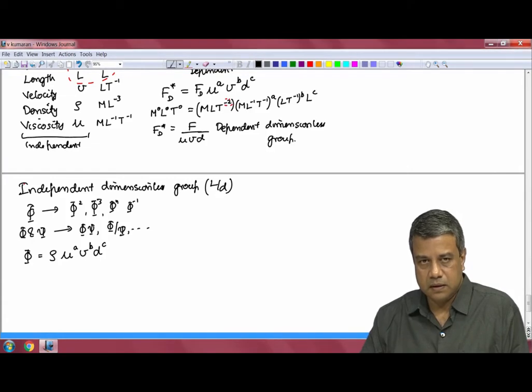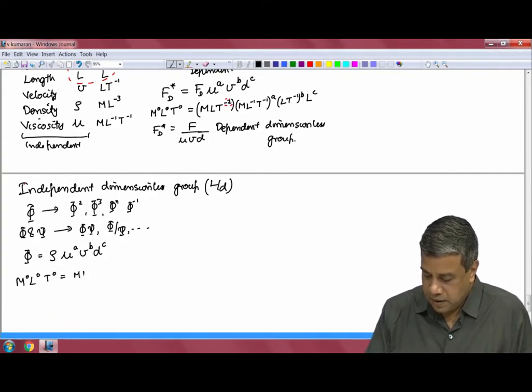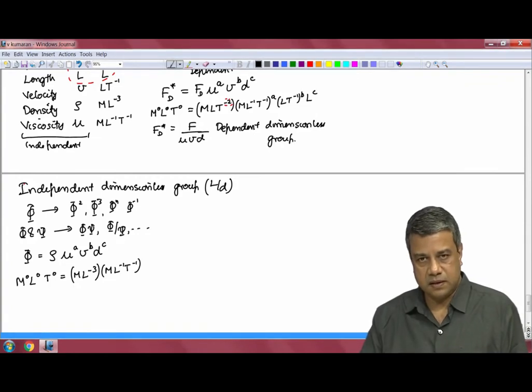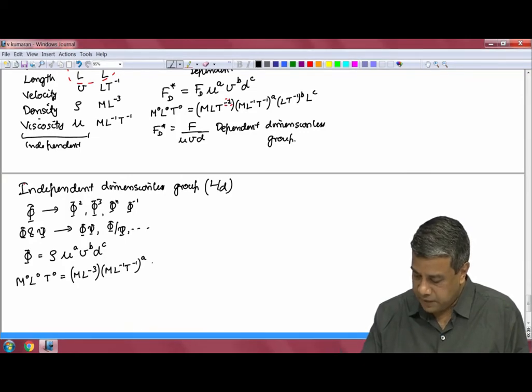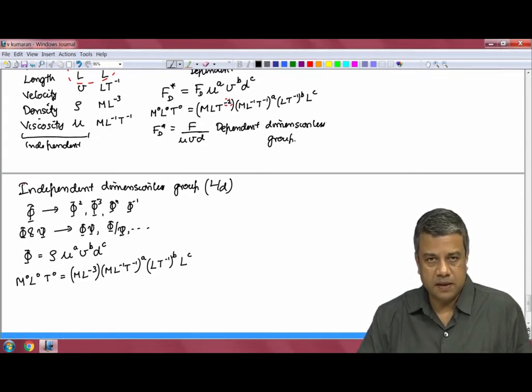For dimensional consistency, m power 0, L power 0, T power 0 is equal to m L power minus 3, the dimension of density, times m L inverse T inverse, which is the dimension of viscosity, as we had seen previously, to the power A. Dimension of velocity, L T inverse, power B, and L power C. So, that is the independent dimensionless group which involves the density, the viscosity and so on.